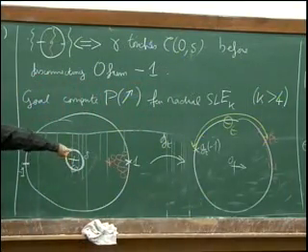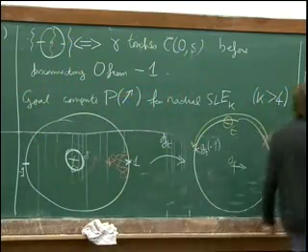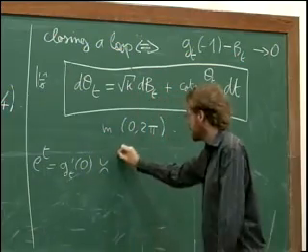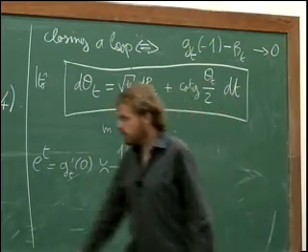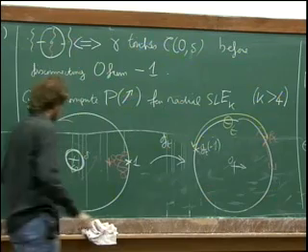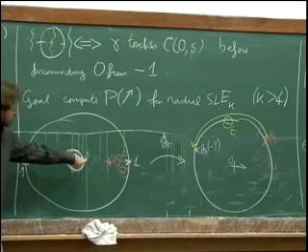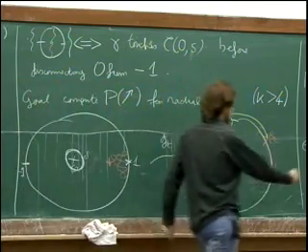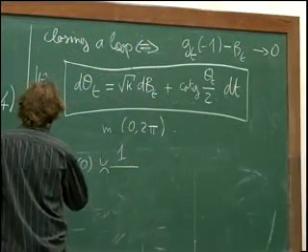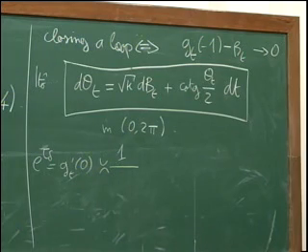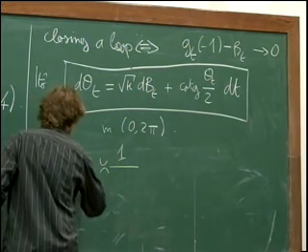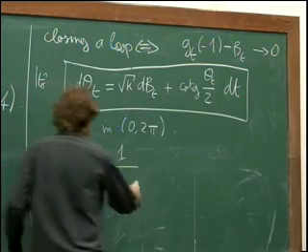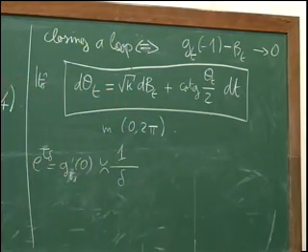That's Koebe's 1/4 theorem. The distance to the boundary here is 1. And the distance to the boundary here, whenever you reach the circle of radius delta, it's exactly delta. So if I look at tau delta, which is the hitting time of this circle, e to the tau delta up to constants is the same as 1 over delta. That's Koebe 1/4.